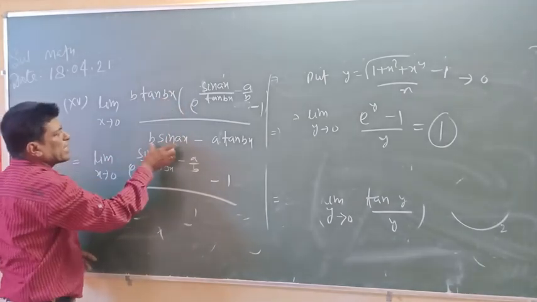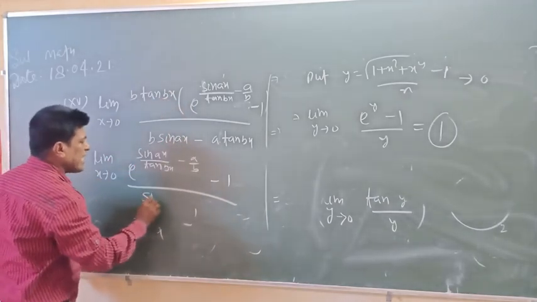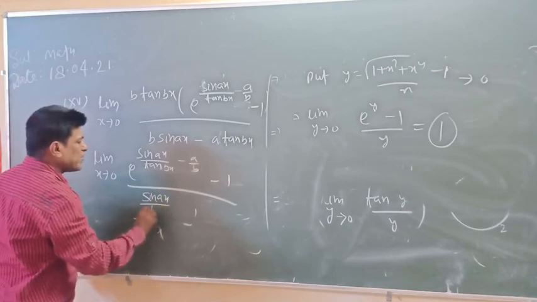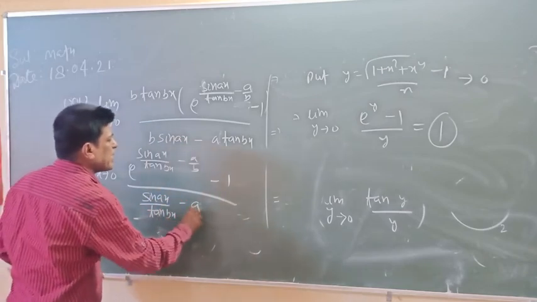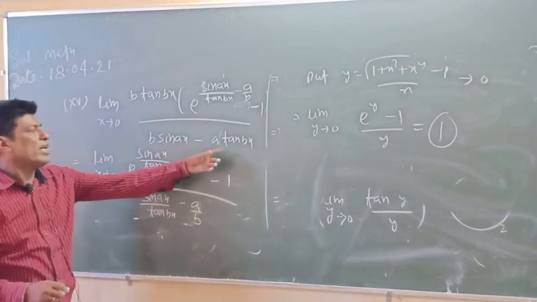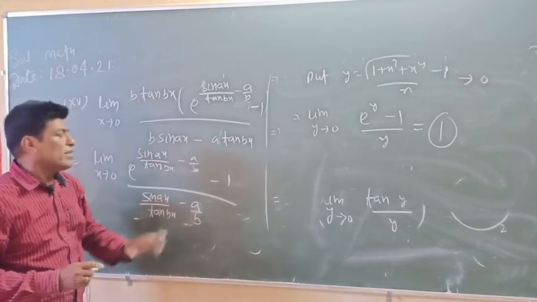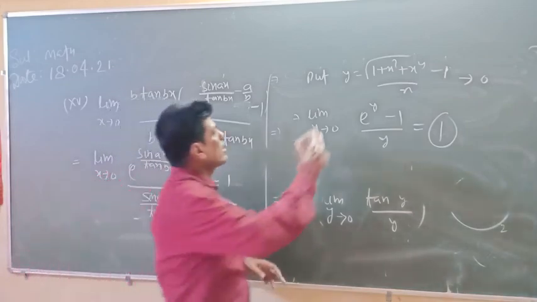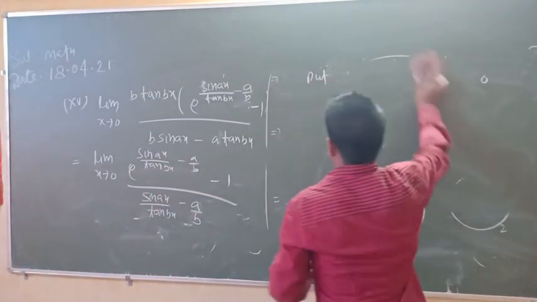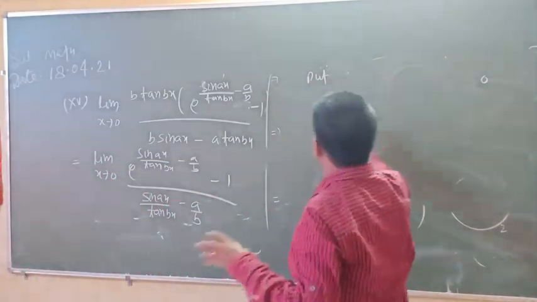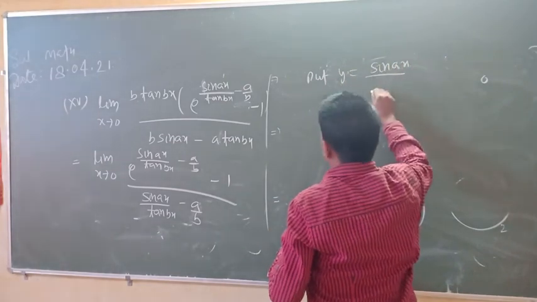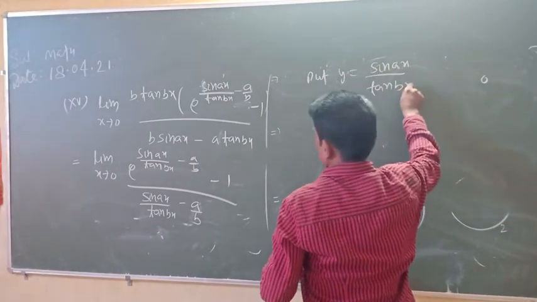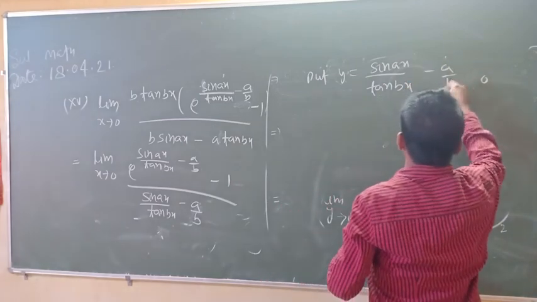When b tan bx is divided in this case, it becomes sin ax by tan bx minus a by b, because tan bx divided, a by b is remaining. Now put y equal to sin ax by tan bx minus a by b.